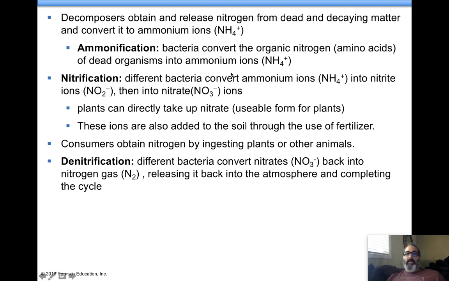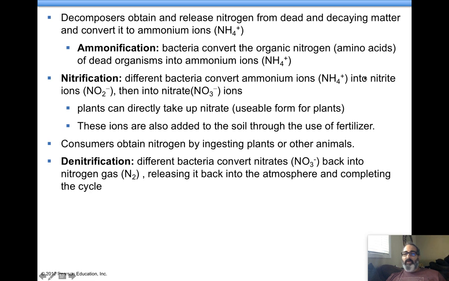All right, so ammonification, it's when bacteria convert organic stuff, amino acids, organic nitrogen would be the proteins or the building blocks of proteins, and they turn them into ammonia. Okay? Nitrification, that comes next. All right? That's where bacteria can turn ammonium eventually into nitrate.